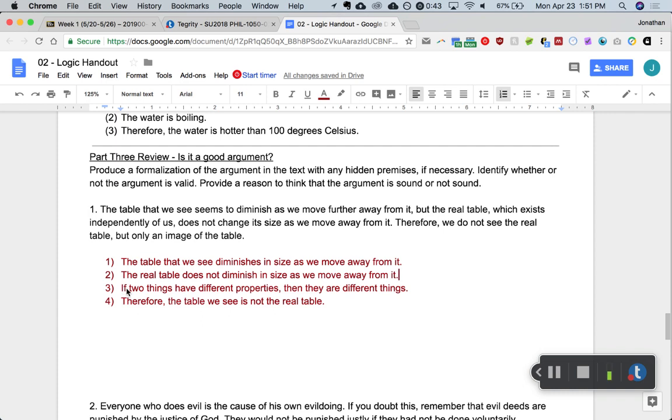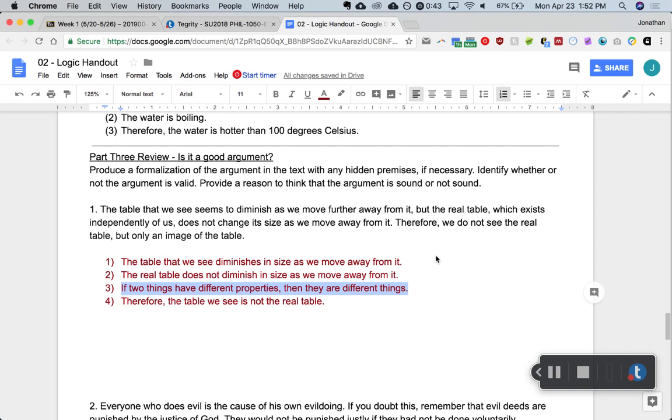So the hidden premise, or what seems to be implied, so why he thinks these two sentences imply the fourth one, is something like this: if two things have different properties, then they are different things, or they can't be the same thing. If you have one thing that's blue and one that's white, they can't be the same thing because they have different facts about them.